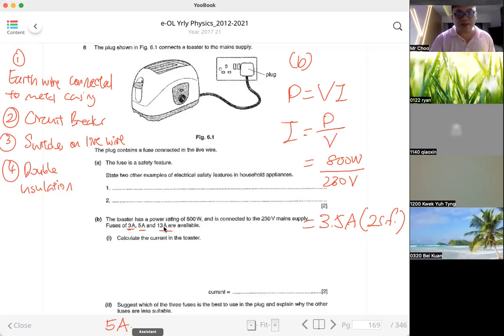The reason is that if you use a 3 ampere fuse and the current is 3.5 ampere, it will actually burn the fuse, then the whole thing will not work. If you use a 13 ampere fuse, it is much higher rating compared to the working current of 3.5 ampere, so it's not much protection. So 5 ampere will be just nice, not too much above this.